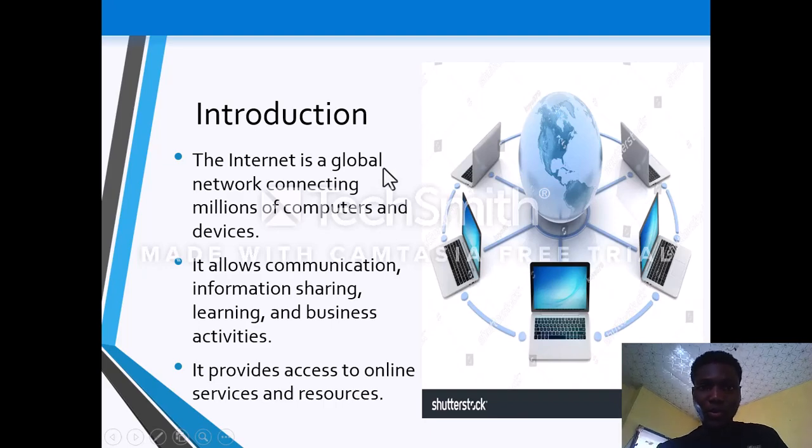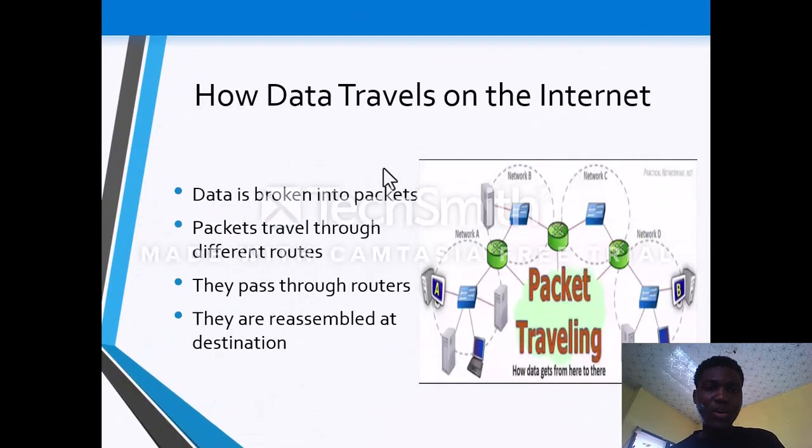So let's move on. Okay, so now we will talk about how data travels on the internet. Before data travels on the internet, it is first of all broken down into packets. So what then is a packet? A packet is a small piece of data that is sent over a network.